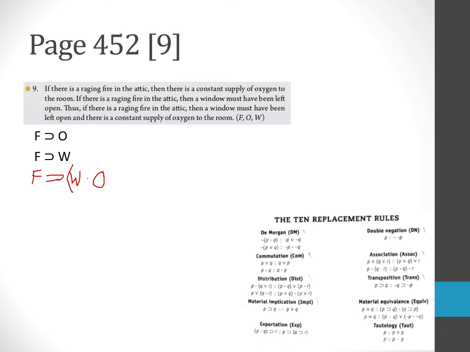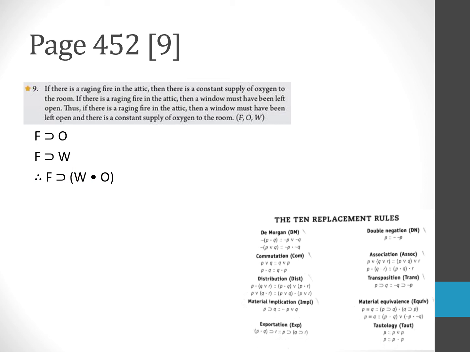I think that the correct answer is there, and I think the comma is a big indicator there. But also think about, as we've said previously, there being a raging fire in the attic requires two things. It requires the window being open, and it requires the constant supply of oxygen in the room. So, yeah, I think that's the right translation. Alright, so there we got our translation.